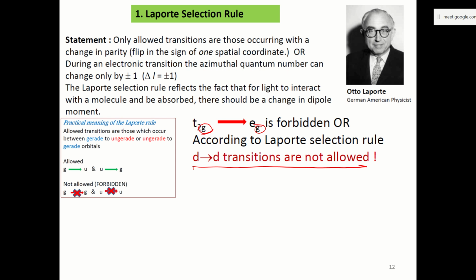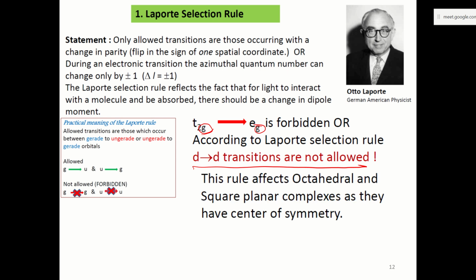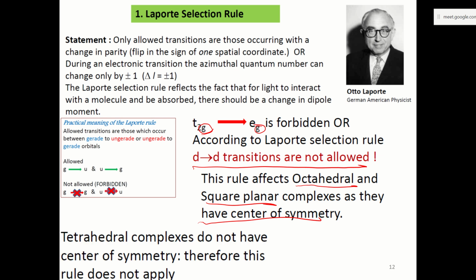So from a symmetric to asymmetric migration of charge is not happening here. And so this rule is going to affect your octahedral and square planar complexes which have center of symmetry. Tetrahedral complexes do not have this center of symmetry, and therefore this rule does not apply.